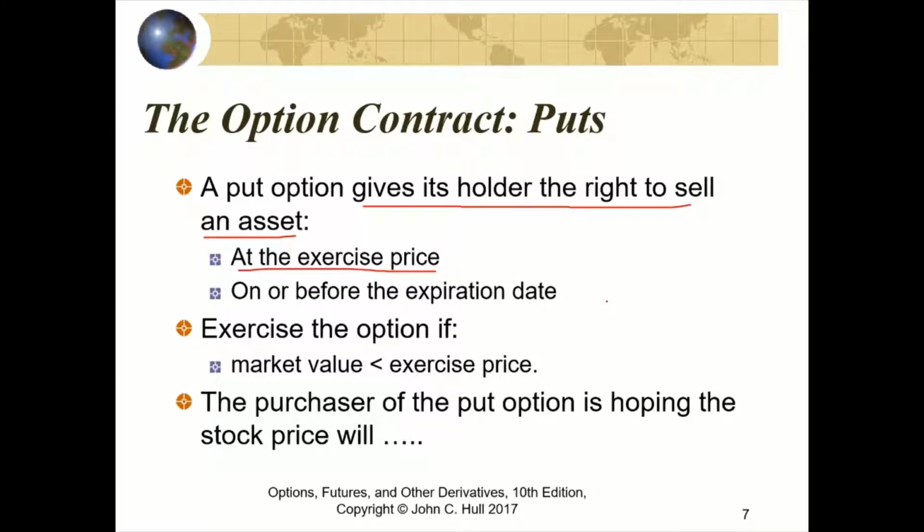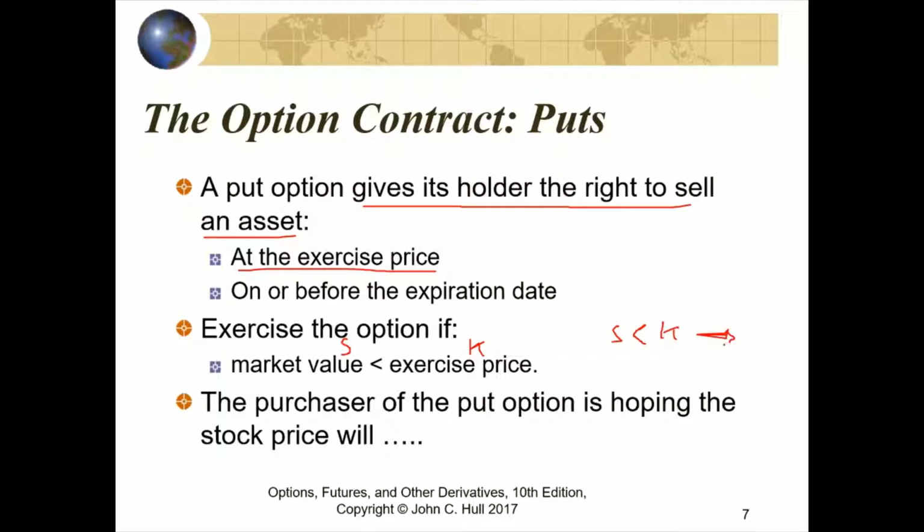Now, in a put option, you are taking the position of someone who wants to sell. And if you want to sell something, do you want to receive a higher price for it or a lower price for it? So when you exercise a put option, again, we have K and we have S. If S is less than K, will you exercise?